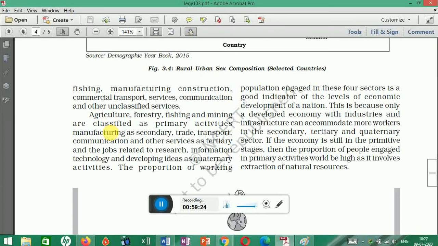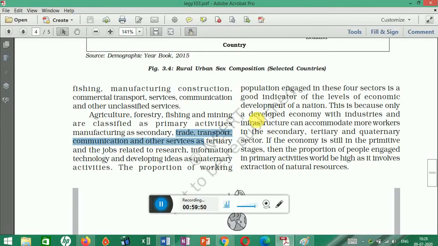Of course we have quaternary and quinary also, but here we are mainly discussing these 3 types. Agriculture, forestry, fishing, mining come under primary activities. Then we have manufacturing as secondary, and trade, transport, communication and services under the tertiary sector.